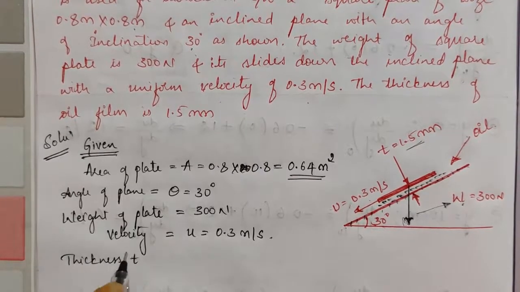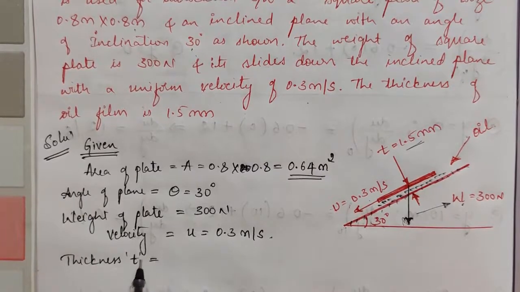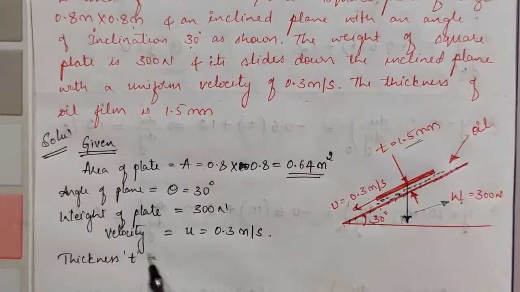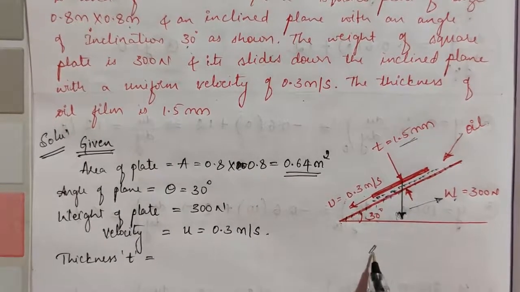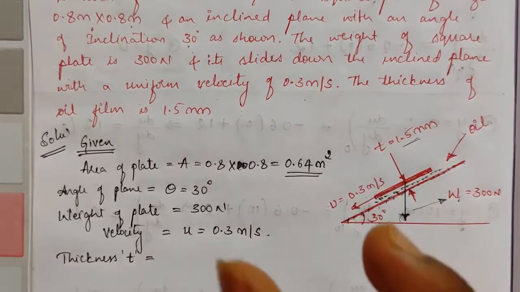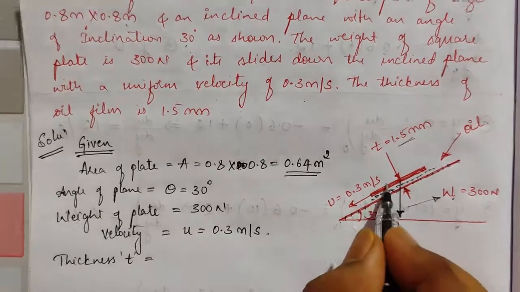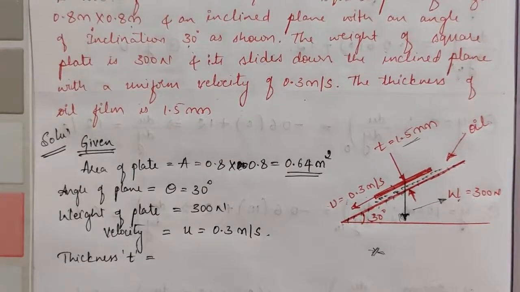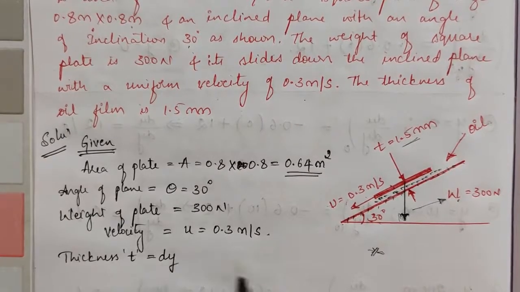So thickness, small t. Thickness means they are defining a distance. They are basically giving the distance of the plate, from this to this, how much is the distance? So it is nothing but some type of length, right? So I'll take it as dy.